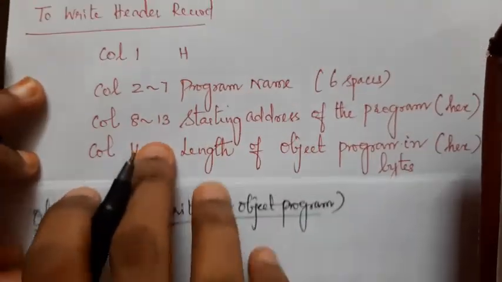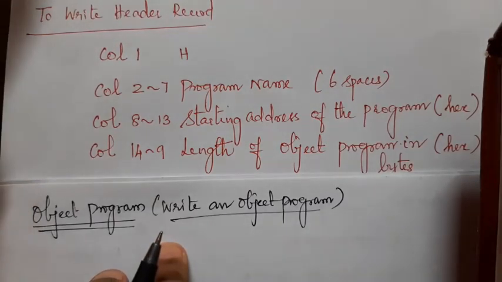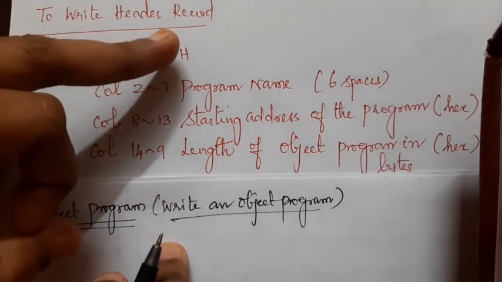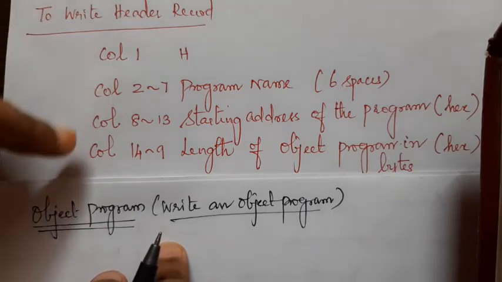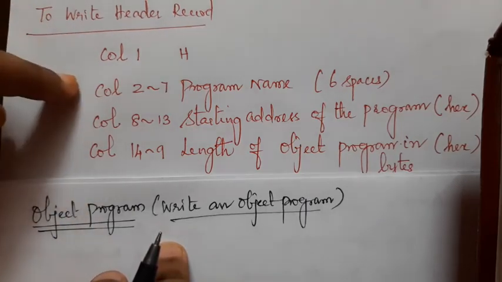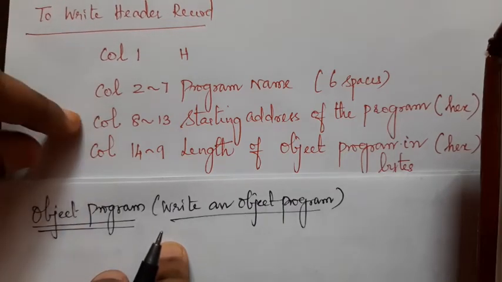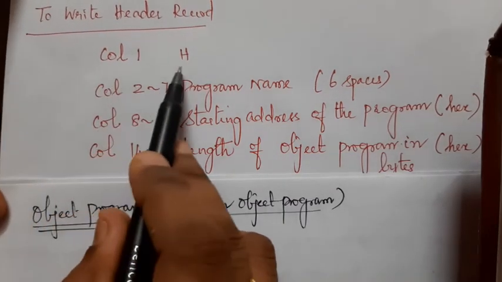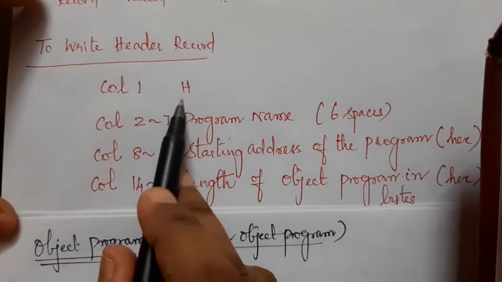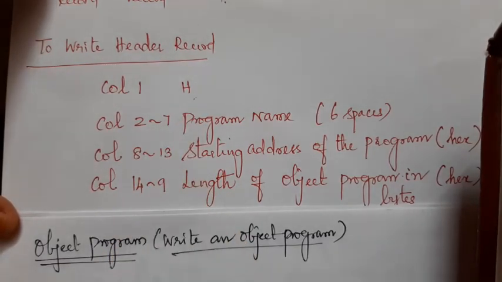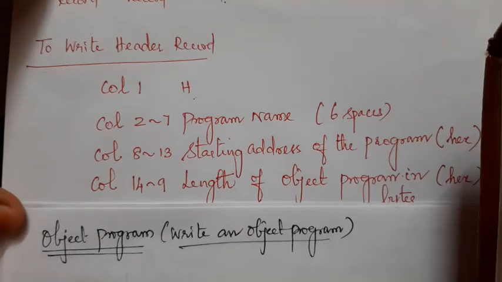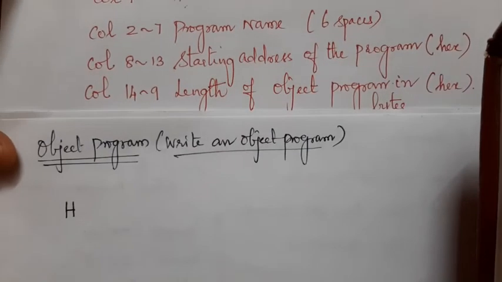To write an object program, we have 3 records: header, text and end record. So, in order to write the object program, we have to follow the instructions of the header record, text record and end record. In column 1, what does it say? The header record. You are specifying that the first one is a header record. So, here in column 1, you are writing H.